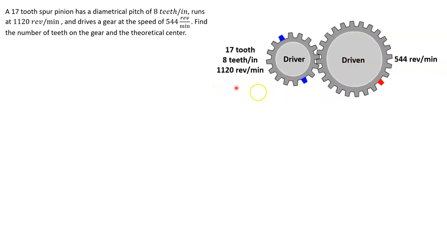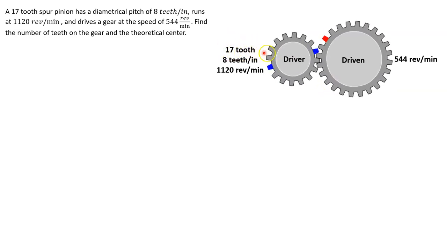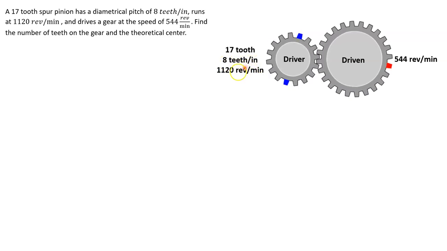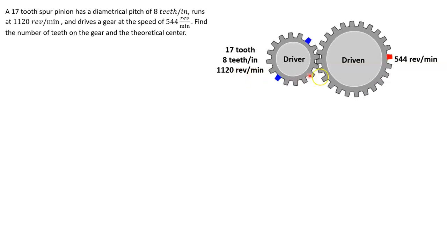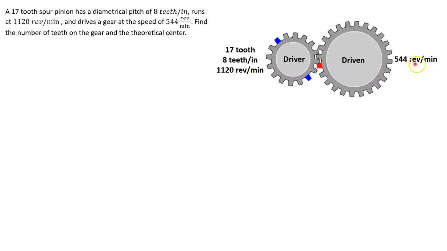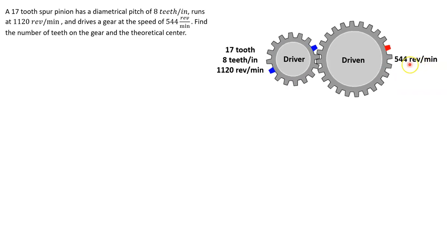So this is what we're looking at: 17 teeth on the smaller gear, the driver, 8 teeth per inch, 1120 revolutions per minute, and 544 is the output, on the driven gear. So let's put everything together and organize ourselves.